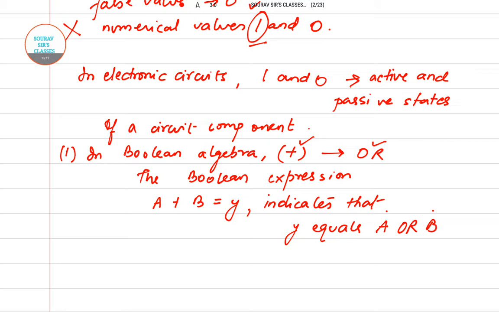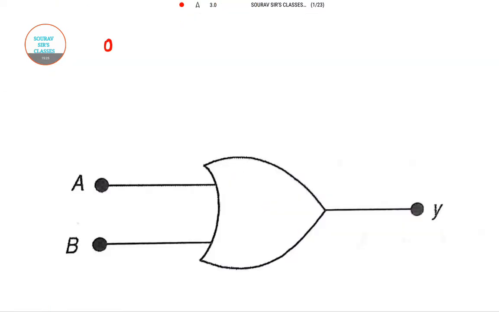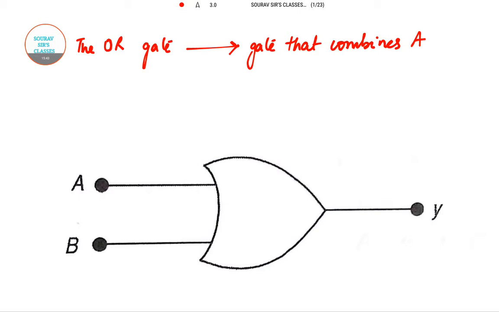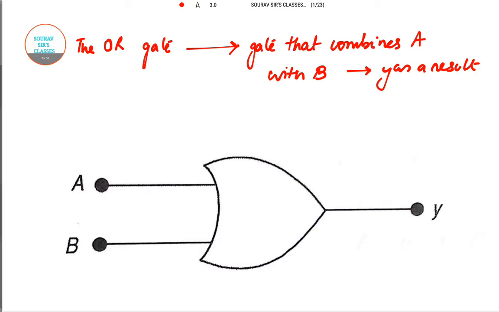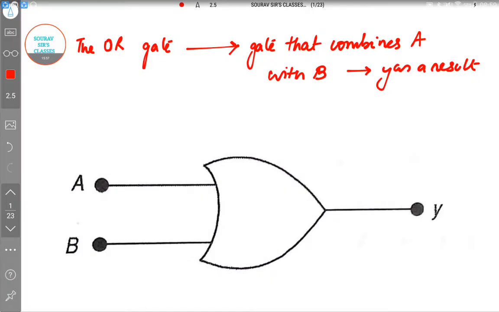Okay, now we will learn a little bit about the OR gate also. So the OR gate is a gate that combines A with B, and this is to give Y as a result. Now I'll just reduce the ink size a little bit.